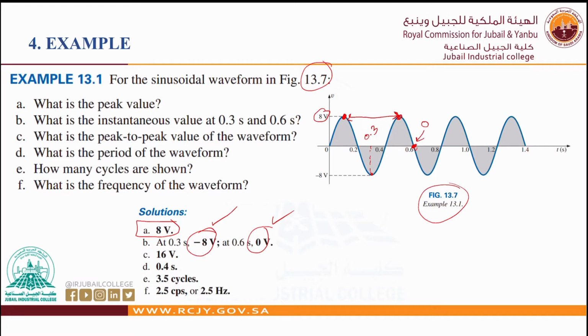The peak to peak value is equal to 2 multiplied by peak. So 2 multiplied by 8 is equal to 16 volts. This is 16 volts, okay, guys.